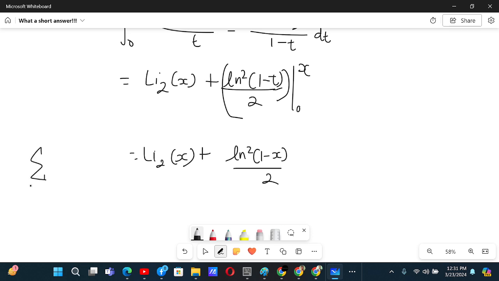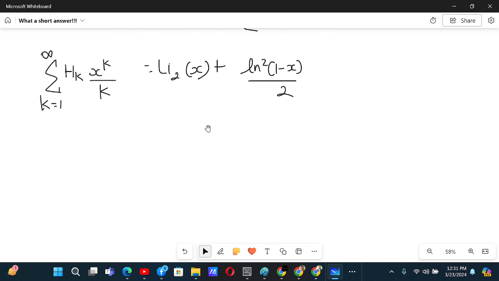Sum of k equals 1 to infinity h of k x to the power k by k. Let's again write this in terms of t and then again integrate it from 0 to x like we did earlier.